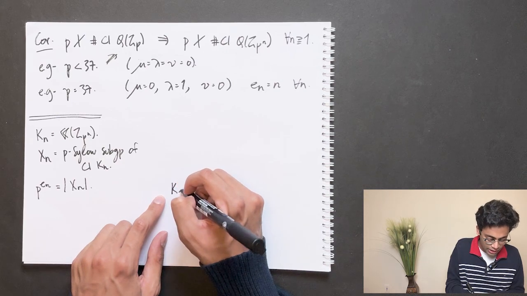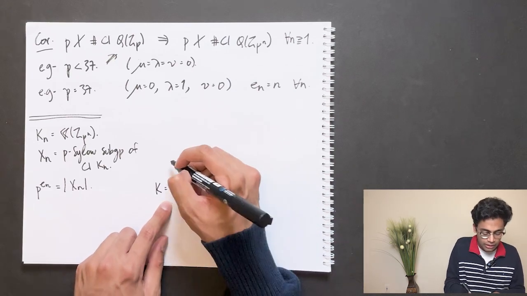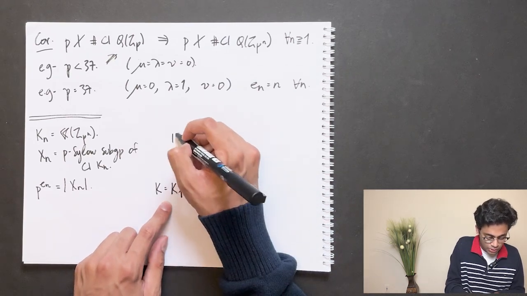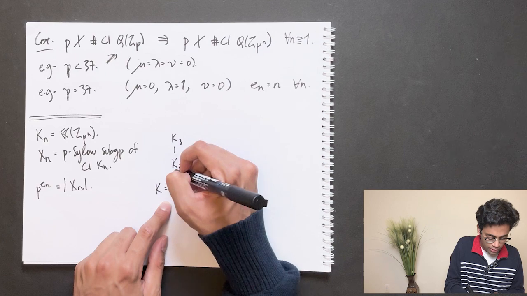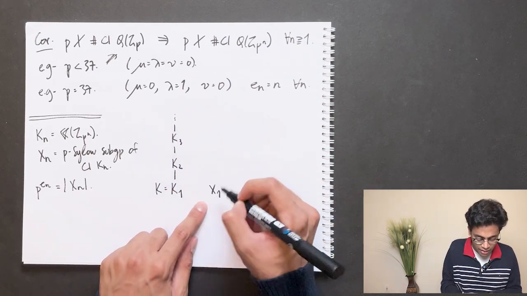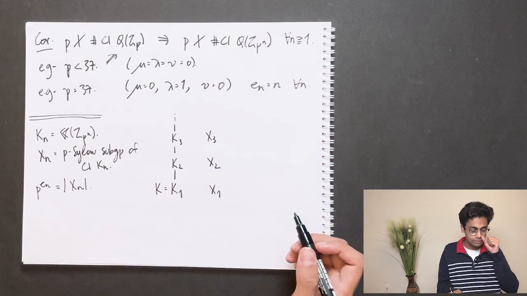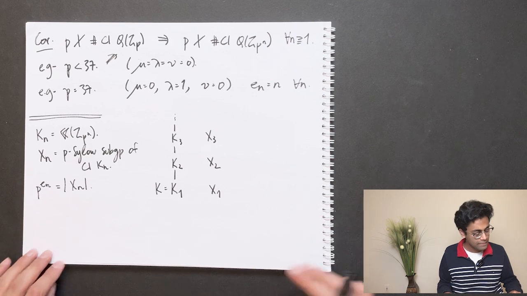We have K1, which I'll just write as K, Q adjoin zeta p, K2, K3, and so on, and then over here we have X1, X2, and X3. Okay.